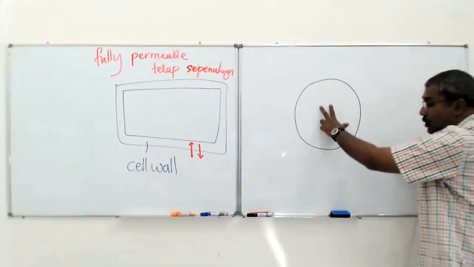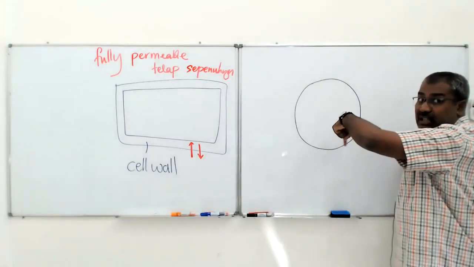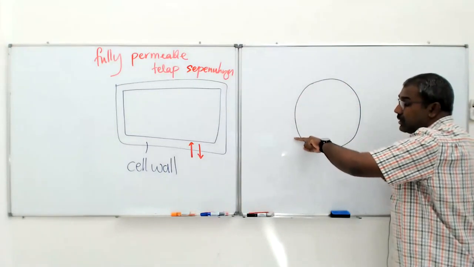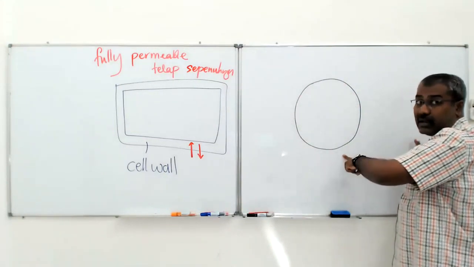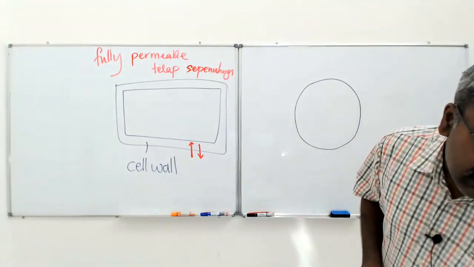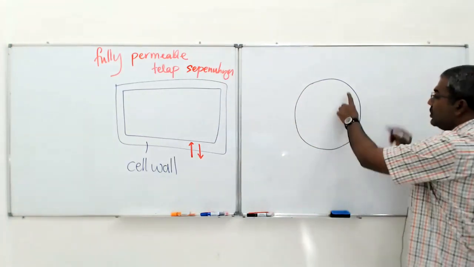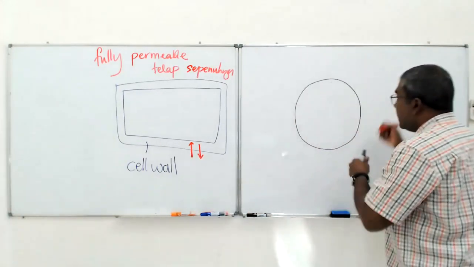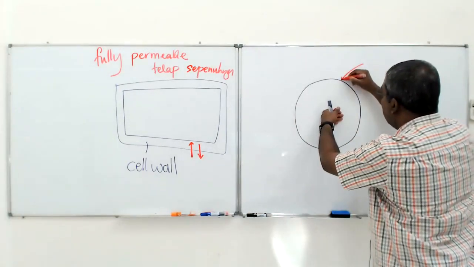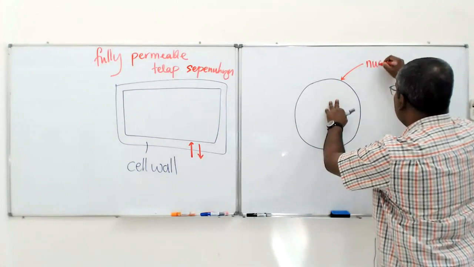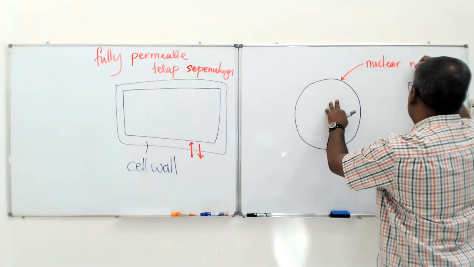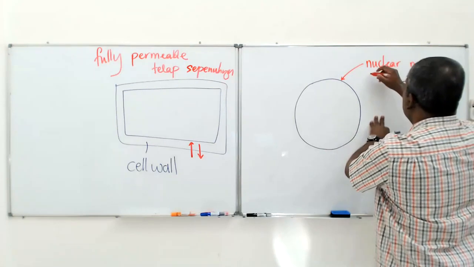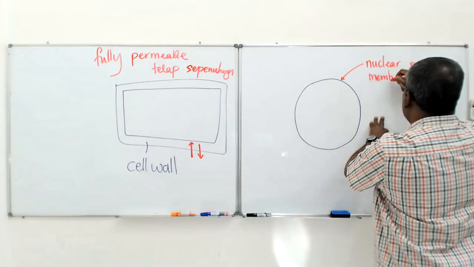So, this is nucleus enclosed, dilingkungi oleh membran nuclear membrane, membran nukleus, right? Membran nuclear atau nuclear membrane. So, this is nuclear membrane. Yang ini kita panggil sebagai nuclear membrane. Membran nukleus.